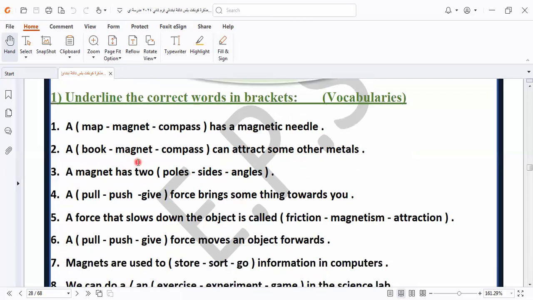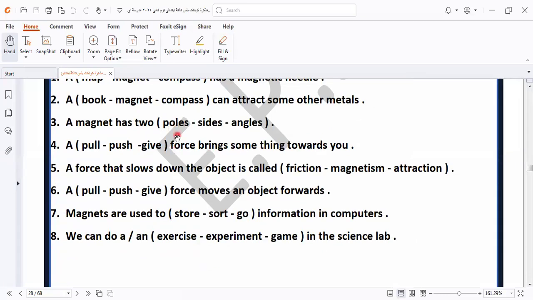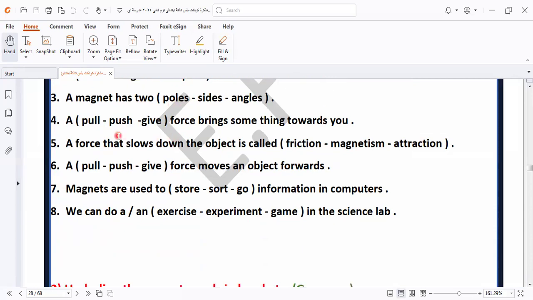What? Magnet. A magnet has two poles. We took this part in Discover. If you return to the video of the Discover that I explained about forces, you can see this. Here is pull, push, give, force. Towards you, it will be pull.